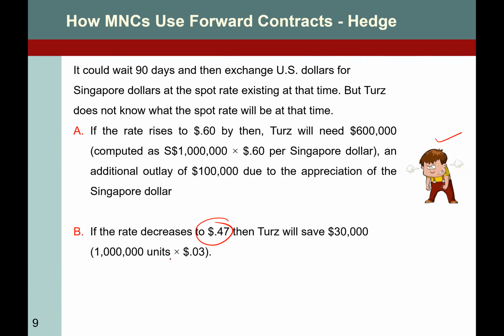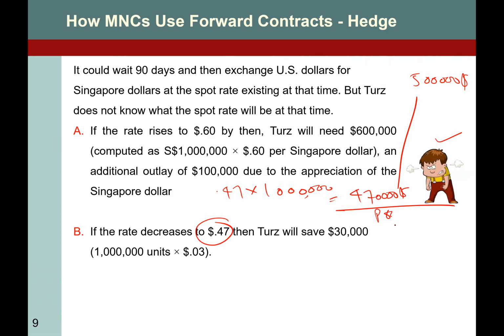How many dollars do you need? 0.47 multiplied by 1 million Singaporean dollars. The answer would be $470,000. Previously, you would be needing $500,000, so the saving, that is your profit, would be $30,000.